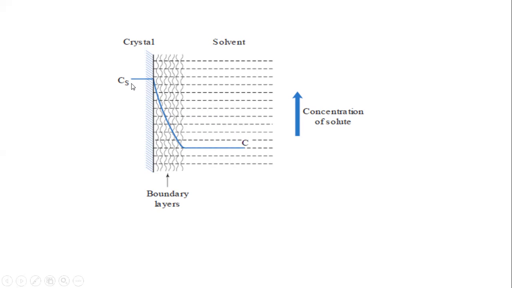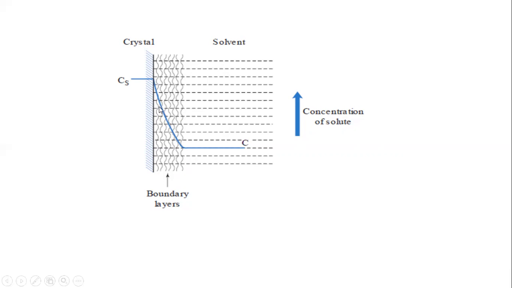After the solute particles migrate from the solid surface, as I mentioned in the first stage, they are replaced by the solvent molecules. Then the solute molecules will diffuse throughout the boundary layer.